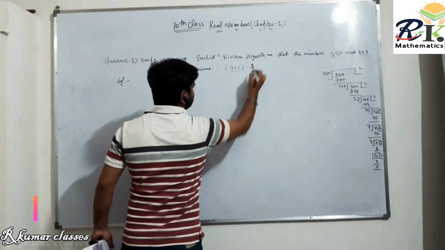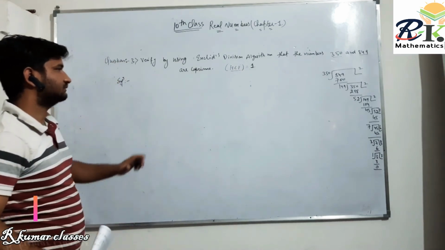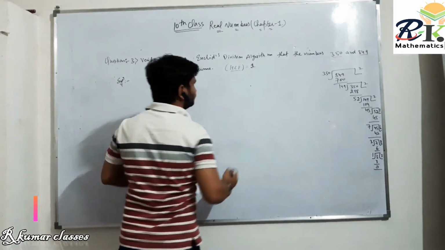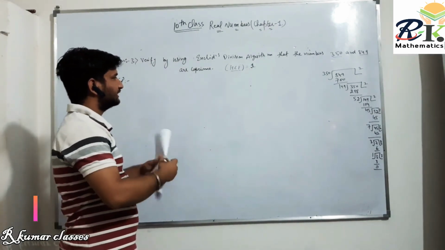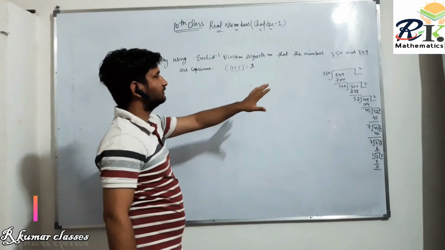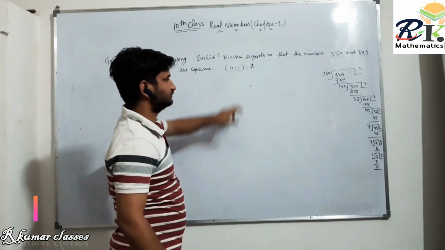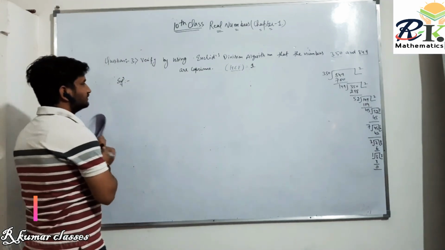Those numbers are called co-prime numbers. So we have to show that 350 and 849 are co-prime because their HCF is 1. So we are using the Euclid division algorithm.